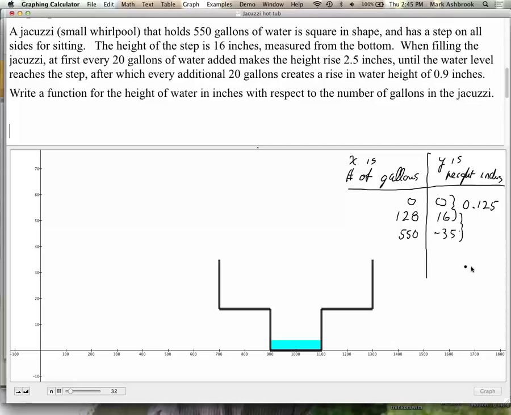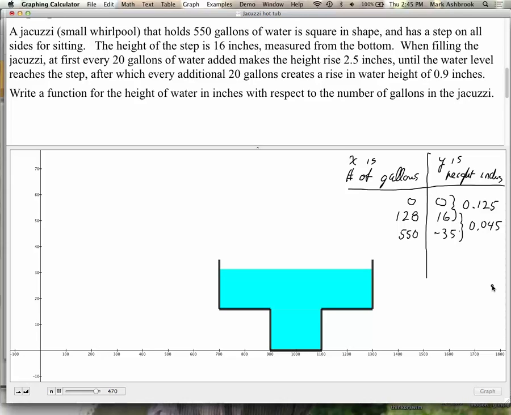Well, you could do it that way, but you also know that every 20 gallons creates a rise of 0.9. 0.9 over 20. Whatever.